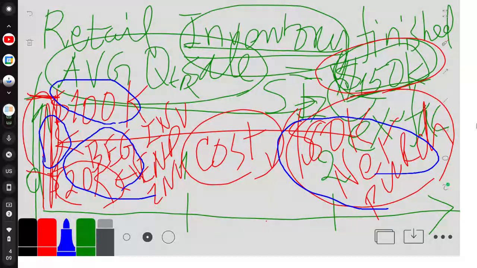Ending inventory? No, it's not ending inventory. Ending inventory is something that's left at the end of the operating cycle, right? If you think about it, this is the total value of the merchandise that you have to sell for that quarter. Isn't that right? So then, what should be the name for that?